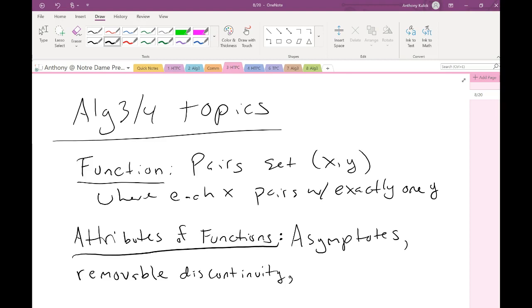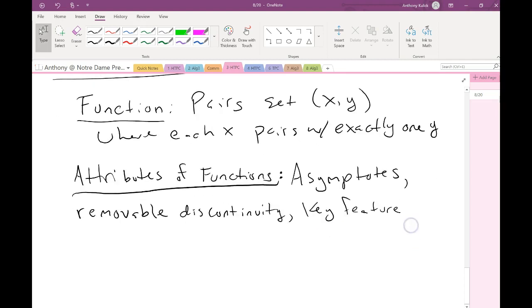Ben? Okay, so let's just call that generally key features. So things like a vertex or a maximum and minimum. So we can talk about maxes and mins.